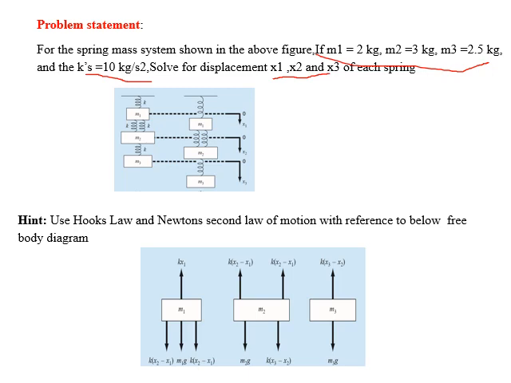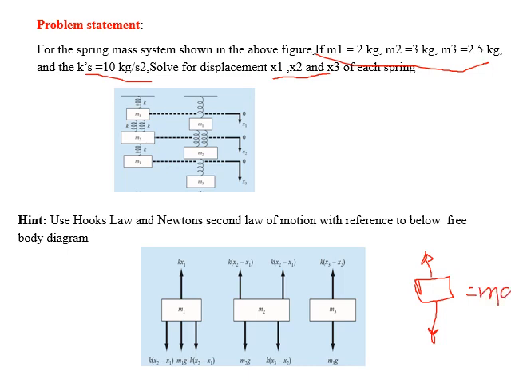By using Hooke's law and Newton's second law of motion, the upward forces on every mass in the system are balanced by the downward forces. This force balance will be equal to mass into acceleration.